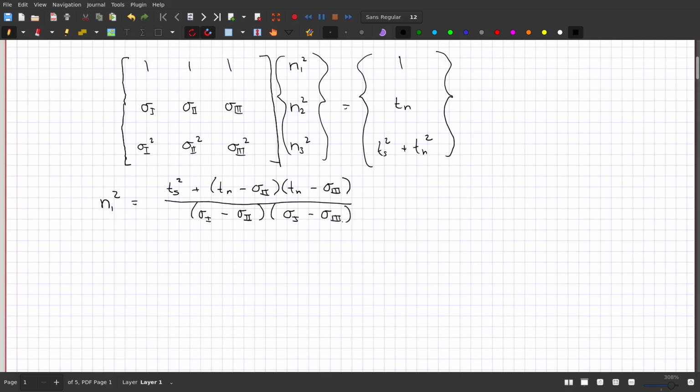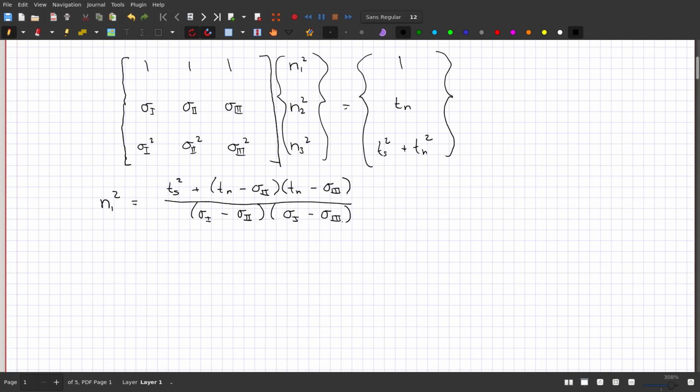All right. Now, by definition, sigma 1 is greater than sigma 2 is greater than sigma 3. That's how we defined them last time we talked about the principal stresses, right? So sigma 1 is always greater than sigma 2, so that first term in the denominator is going to be a positive number.